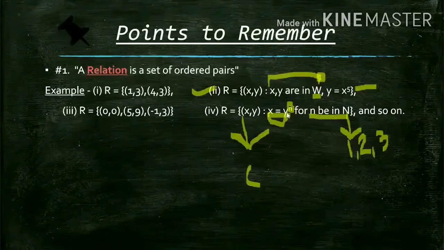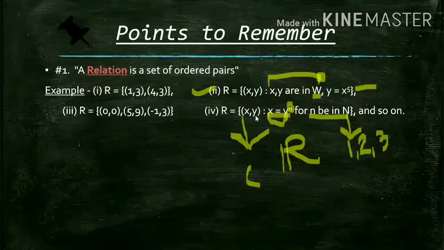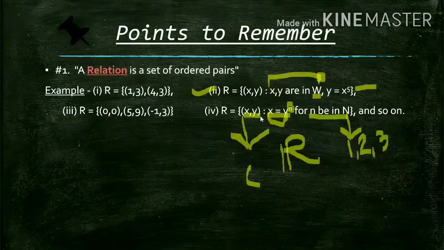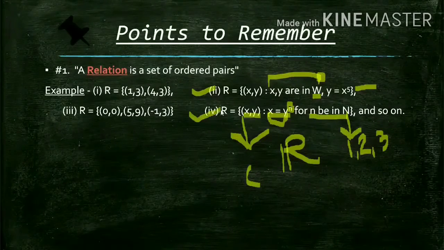Here we do not have any boundary for x and y. We can have any sort of x and y. That means x and y here are real numbers, so I can consider any number x and y to define this relation. So it is again a set of ordered pairs, so it is again a relation, right?